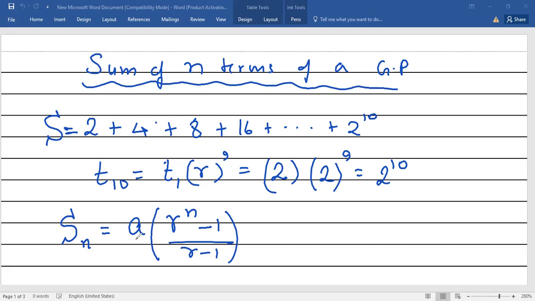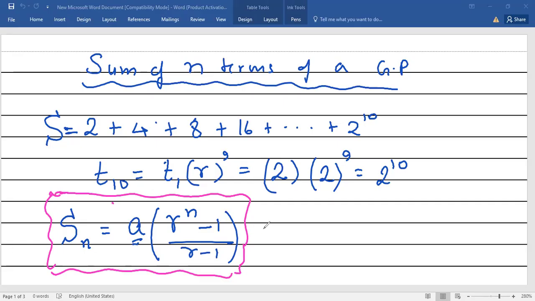Here A is the first term, R is the common ratio, and N is the nth term up to which we want to calculate the sum. Now how have we derived it? We can derive it, but we will see that later on. Right now, this is the expression that helps us in finding the sum of n terms of a GP.